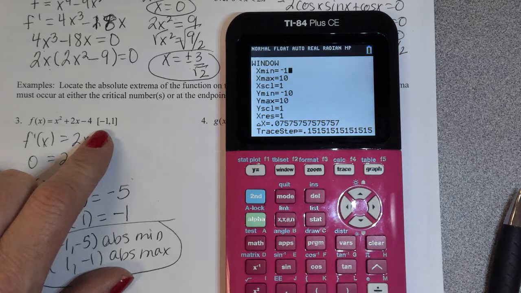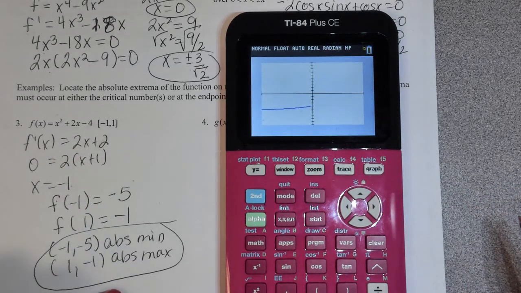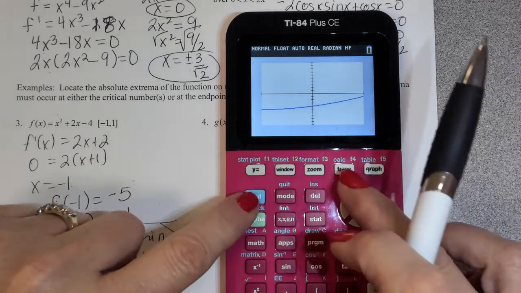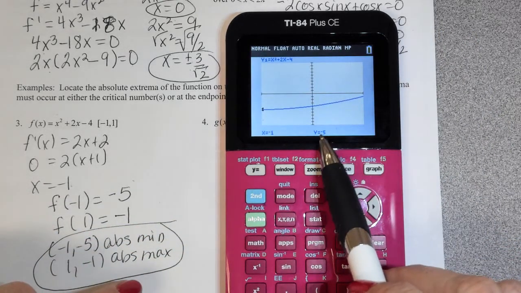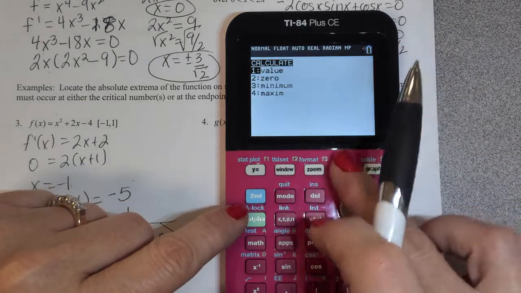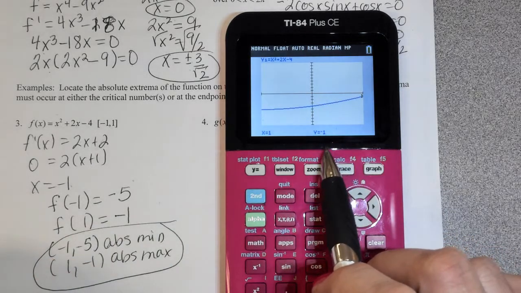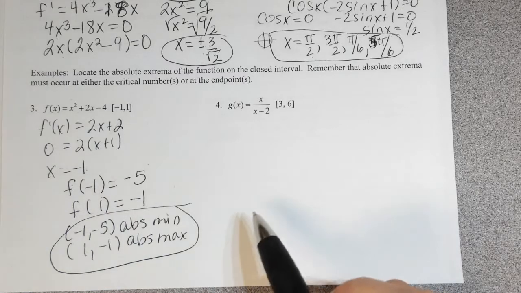But if I just look at it from -1 to 1, that's the only piece of the graph I'm looking at. And I can see that my absolute lowest point is right here at the beginning. So at -5, that's where I have my lowest point. And my highest point is right there at the other end. And that's at -1. So I can check my work on the calculator.